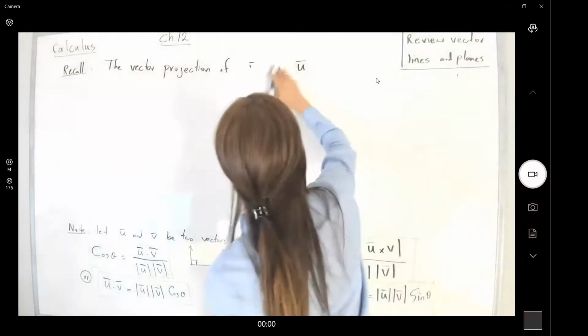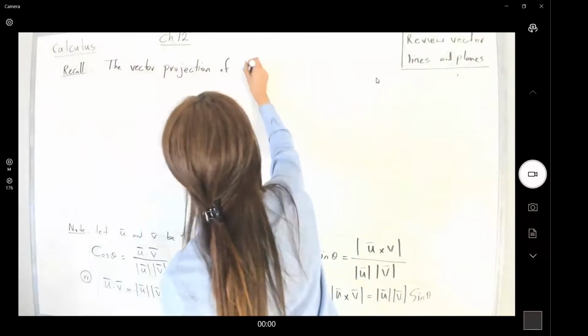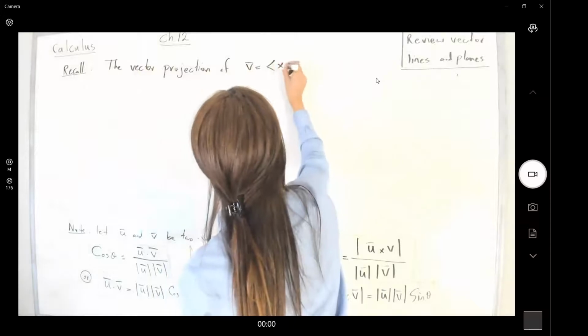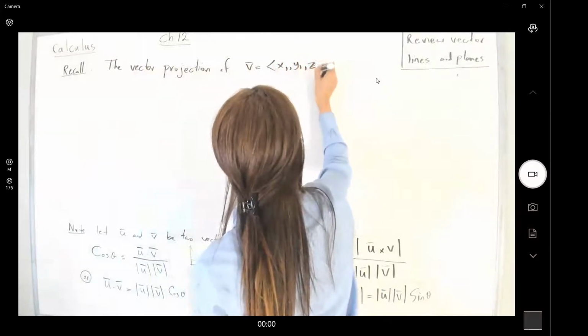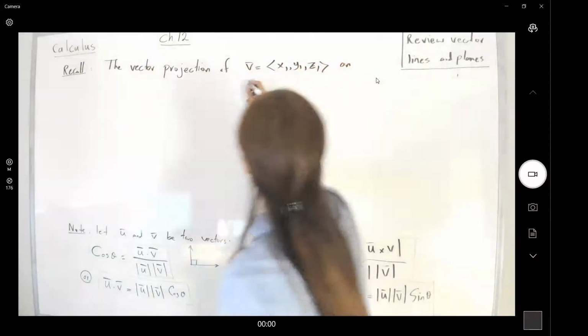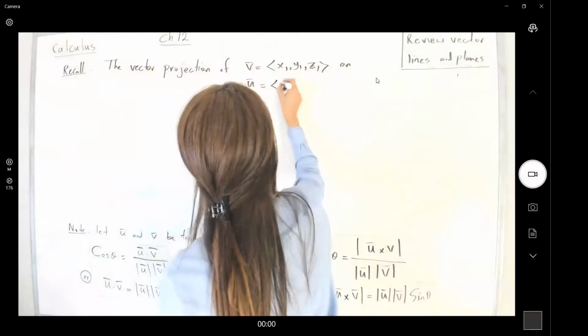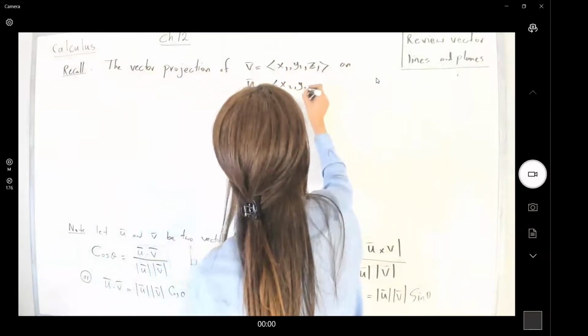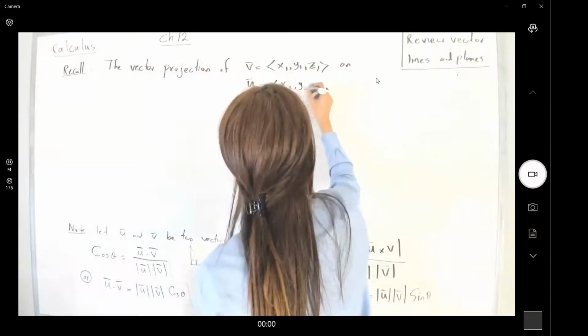So suppose v is x1, y1, z1 and u is x2, y2, z2.